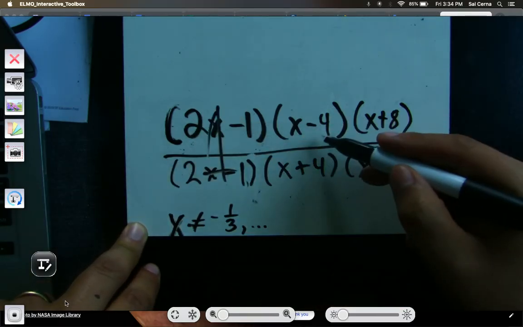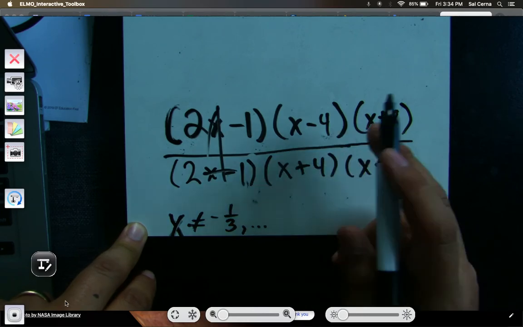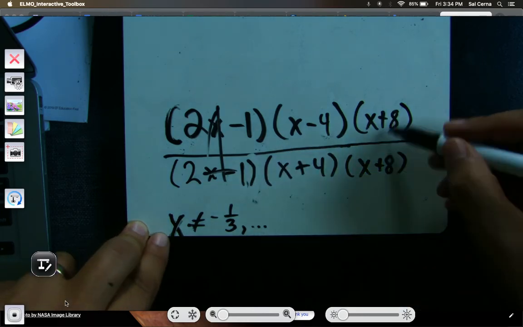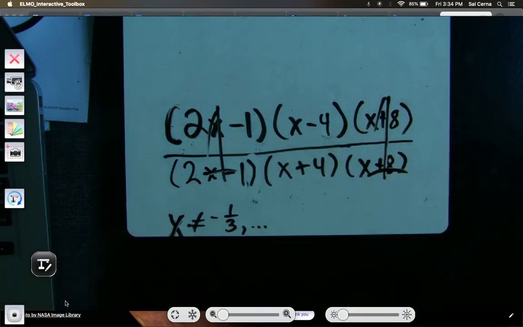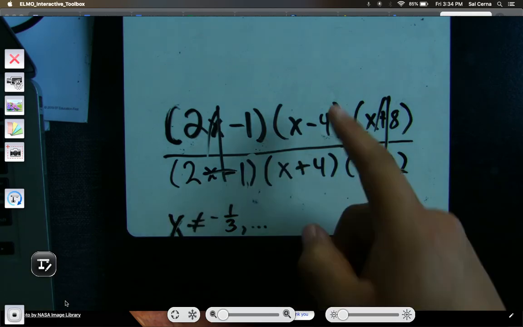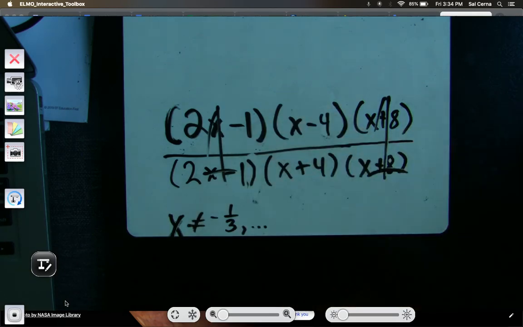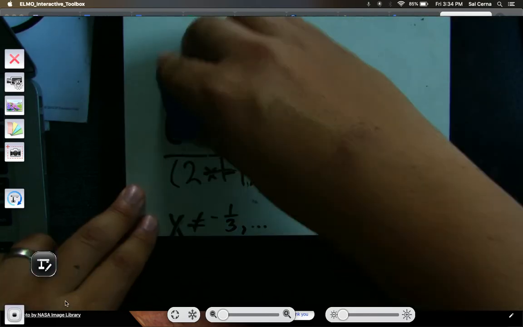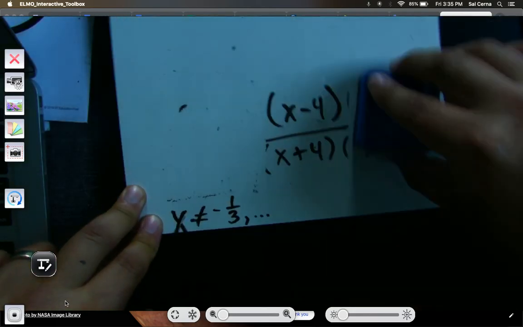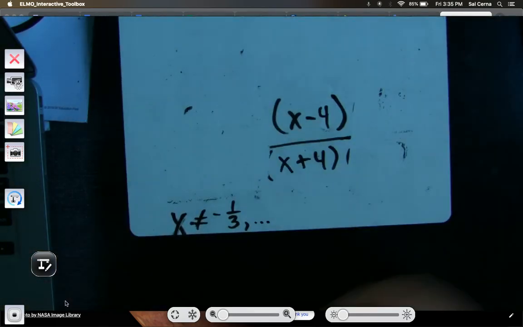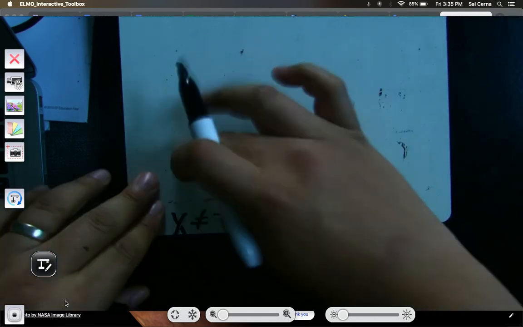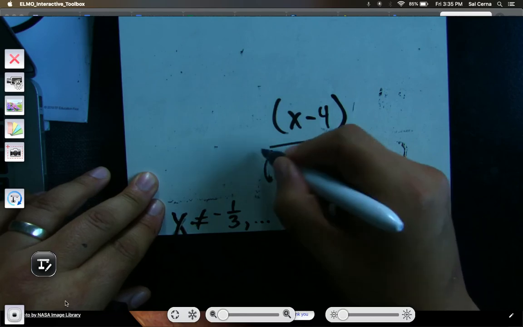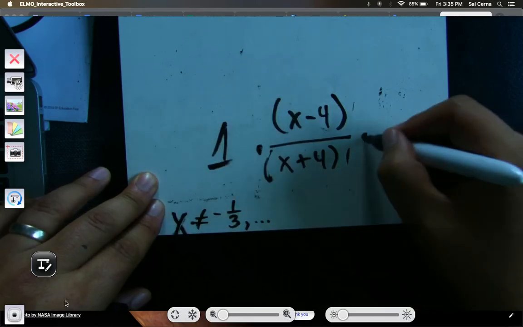So again, 2x minus 1 divided by 2x minus 1, that's a giant 1. These two are not identical. Careful, it's plus 4, that's minus 4. Don't let your brain trick you. These are identical. So what am I left with? Well, 1 times this expression times that is going to look something like this. 1 times 1.